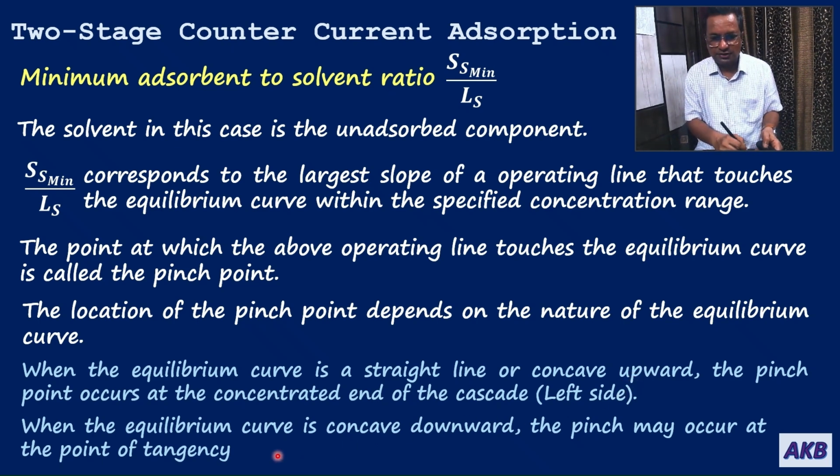For the other case, when the equilibrium curve is concave downward, you have to locate the pinch point graphically. Next I'll be discussing how to get the pinch point for the first case.